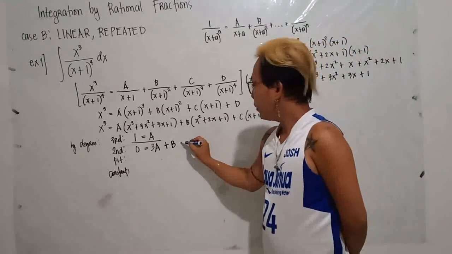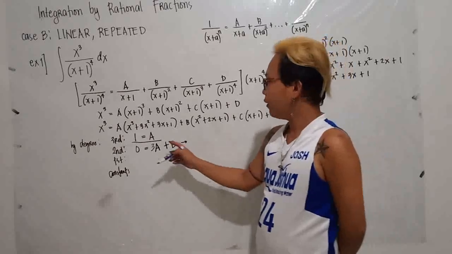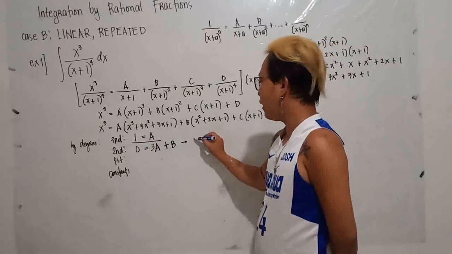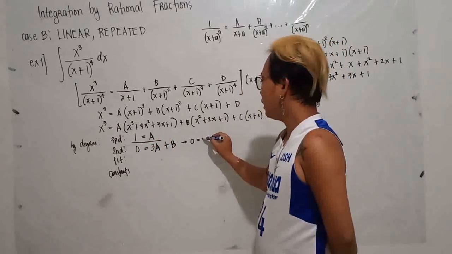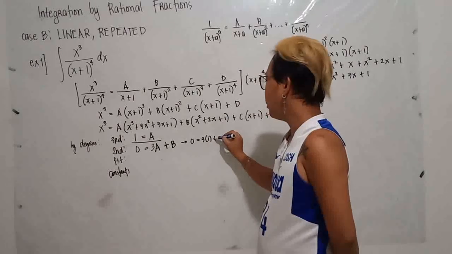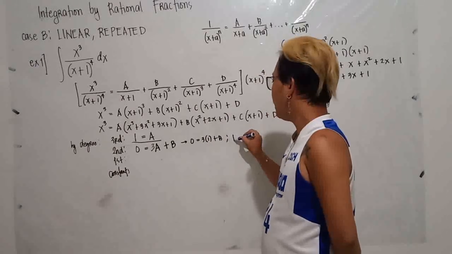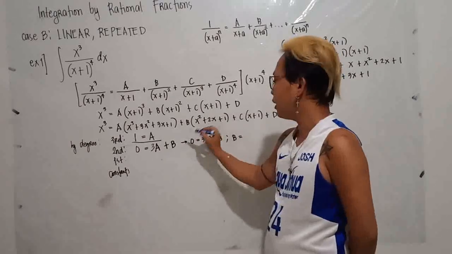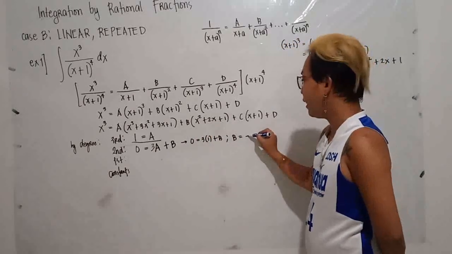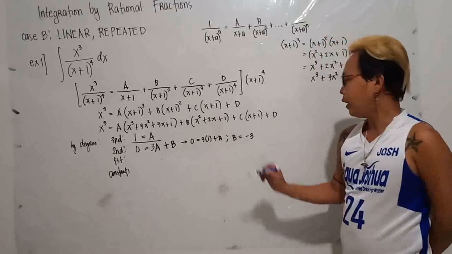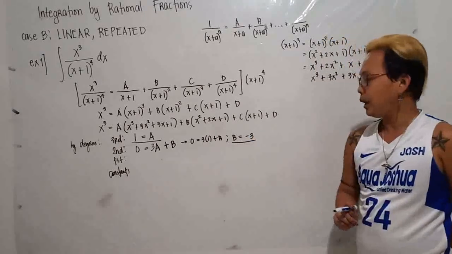Then, pwede na natin ma-solve si B using the value of A. You will now have 0 equals 3 multiplied by 1 plus B. Therefore, B is, transposing this to the other side, that is negative 3. So you have the value of B.